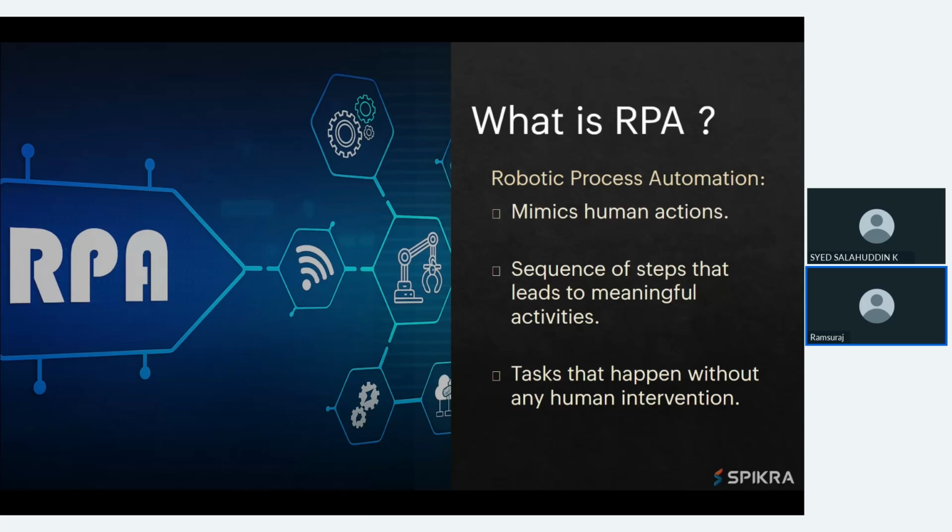So this executes the sequence of steps that we follow, and it works across applications, including legacy systems, desktop apps, web portals and even Excel sheets and more. It runs without human intervention. Once triggered, the bot can perform the tasks 24/7 without any breaks.